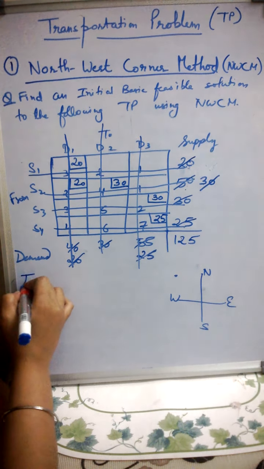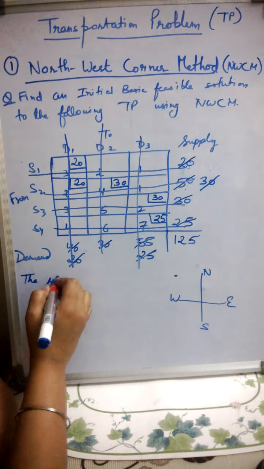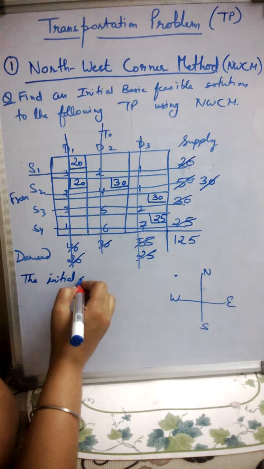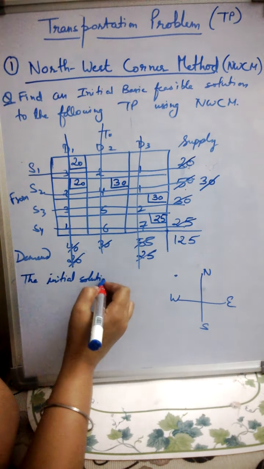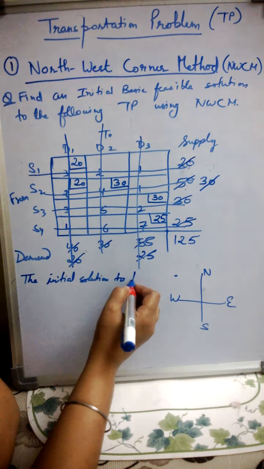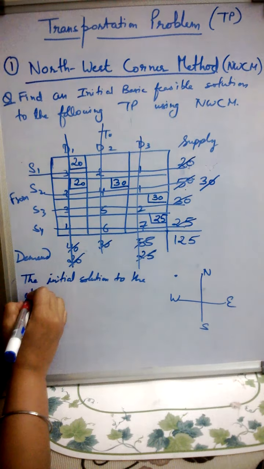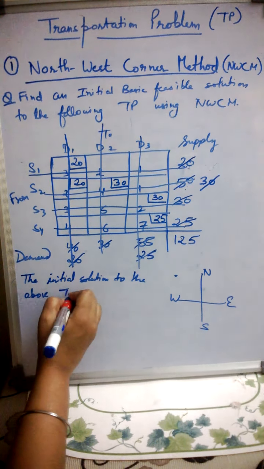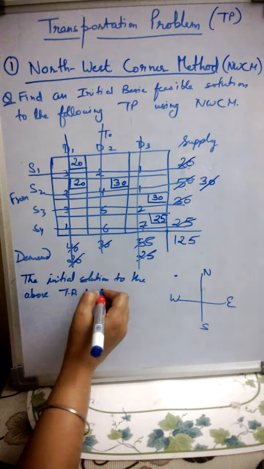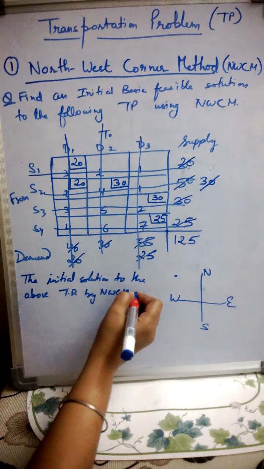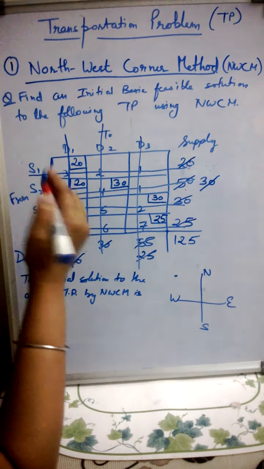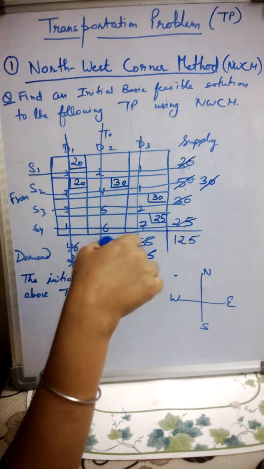So we'll write down the initial solution to the above transportation problem by the northwest corner method. So how will we write down the solution?